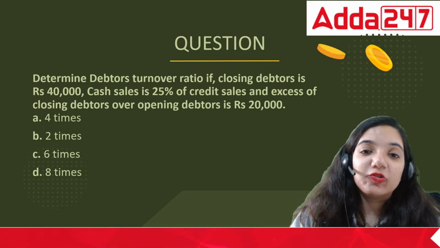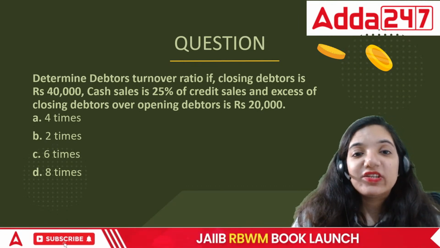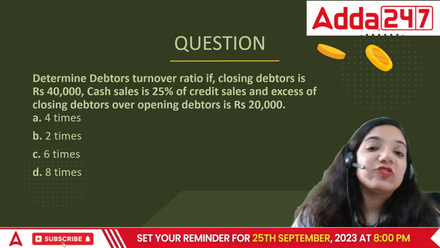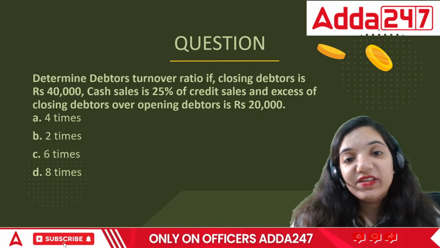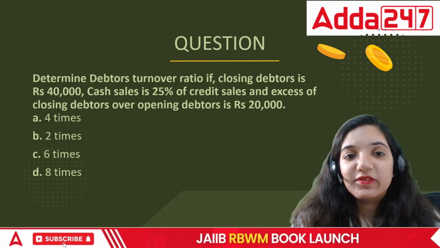Determine debtor turnover ratio. If the closing debtor is 40,000, cash sales is 25% of the credit sales, and excess of closing debtors over opening is rupees 20,000. Let's find it out, everyone.